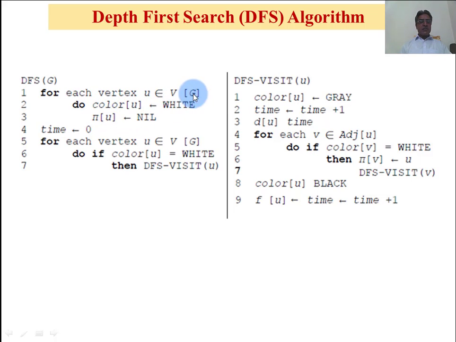So all the vertices of the graph are processed because u belongs to V of G, that is, each and every vertex of the graph is processed using this for loop, and its color becomes white and its parent is nil. After this initialization, the global variable time gets the value 0, and for each vertex u belongs to V of G, do: if color of u is equal to white, then DFS visit u. Here our time stamp is 0.